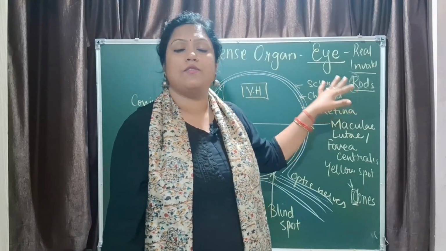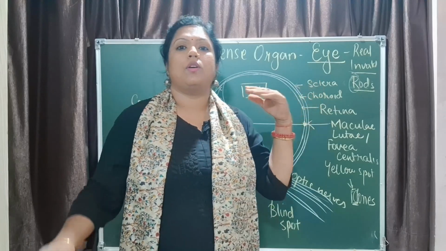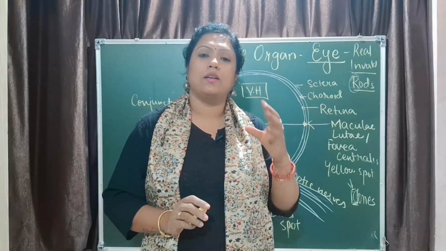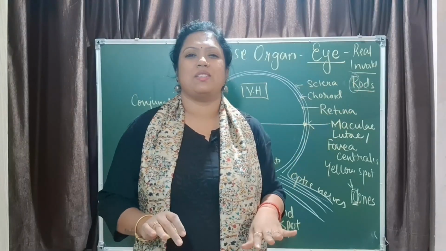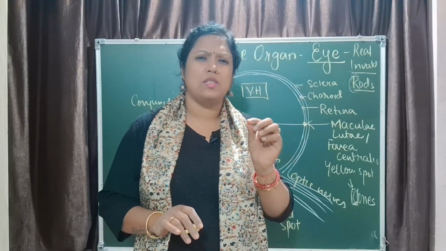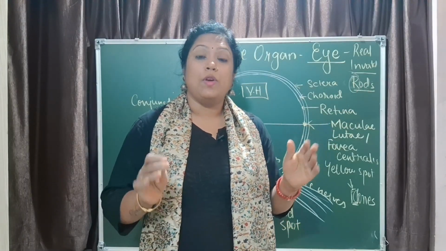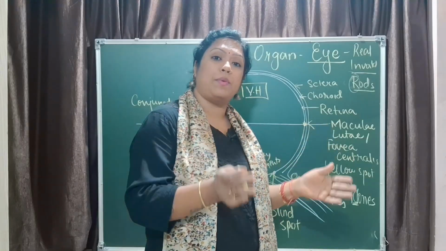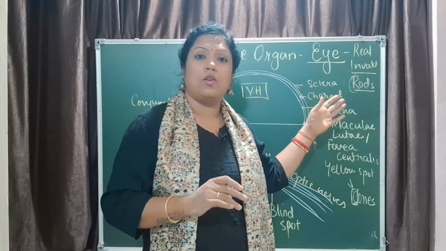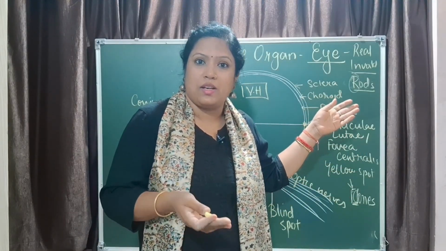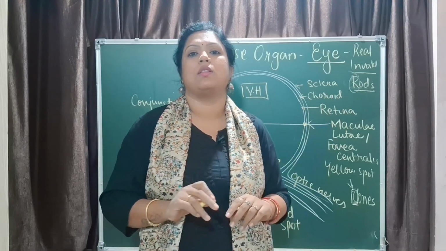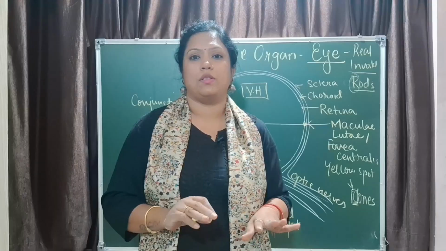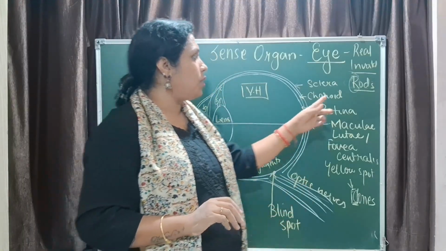Rhodopsin is very sensitive to bright light. So whenever you are out in the bright light, the pupil constricts and the rods bleach. So what happens? You cannot see for a certain period of time. When you move from the bright light to the dark, the rods which were bleached will again regenerate, and that fraction of a second is required for you to have proper vision in the dark adaptation. Is that clear? So you understood about rods and cones.